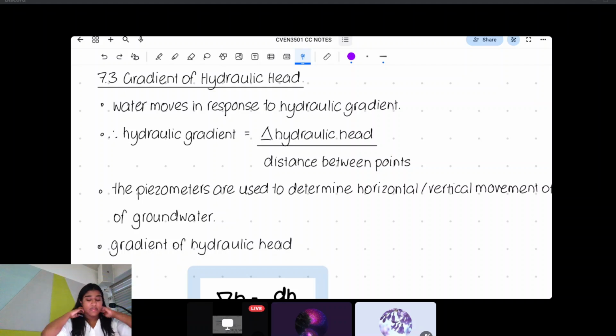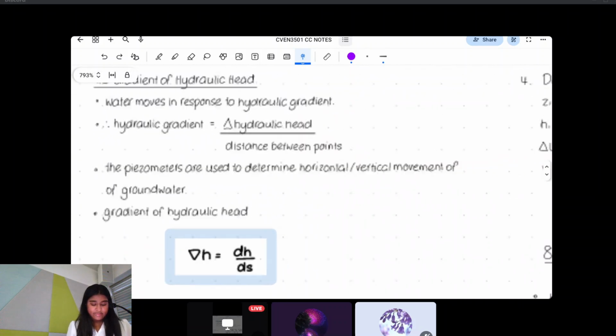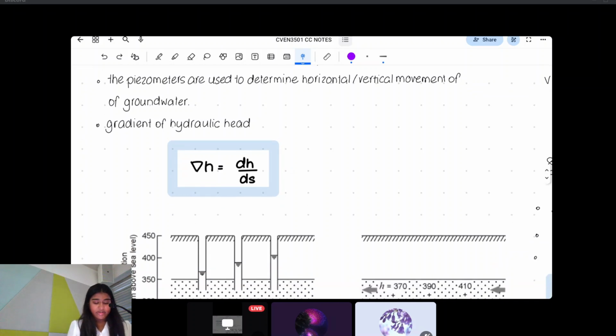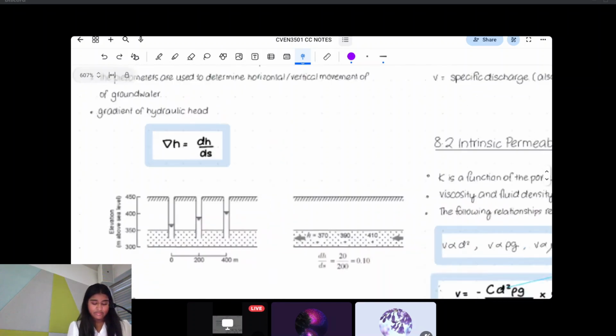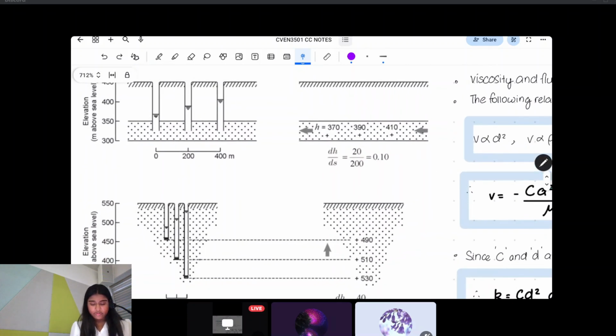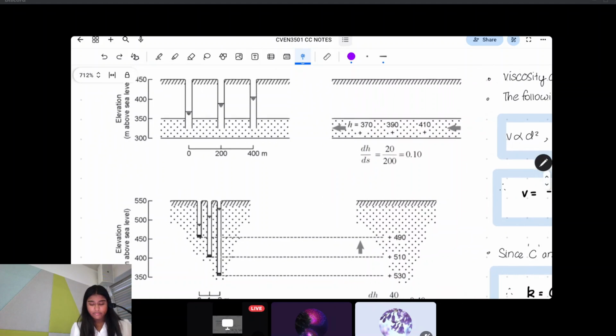So basically the average amount of change at each point from A to B. The piezometers are used to determine horizontal and vertical movement of groundwater, and the gradient of the hydraulic head is just this equation here. Here's a diagram to show you how that works.